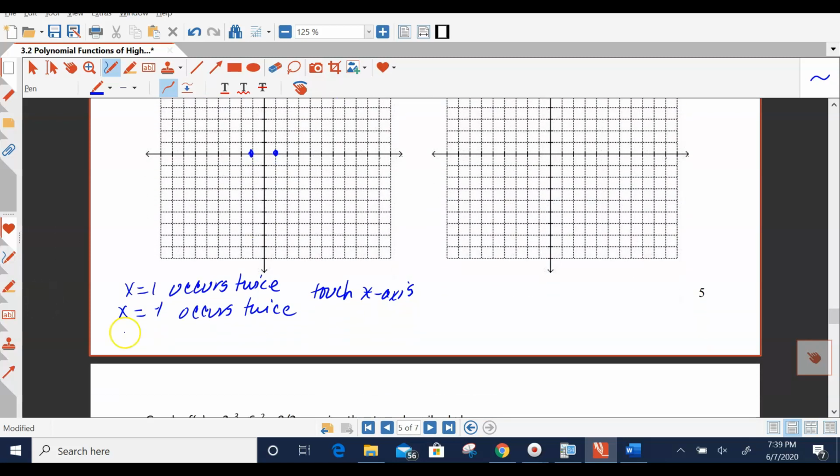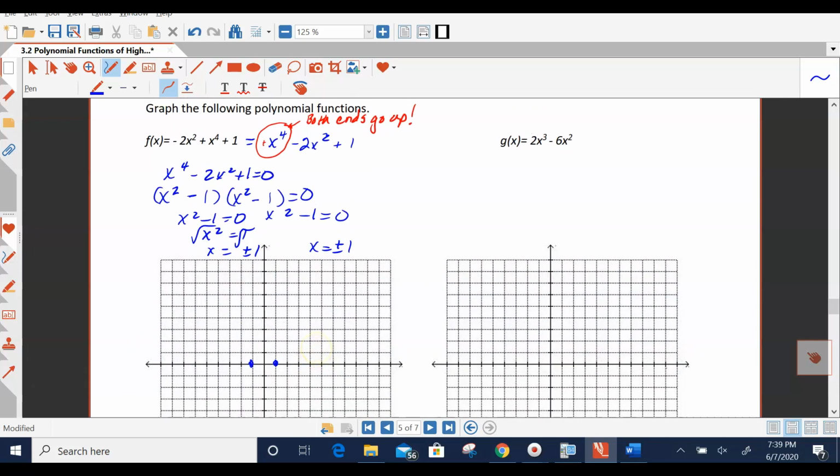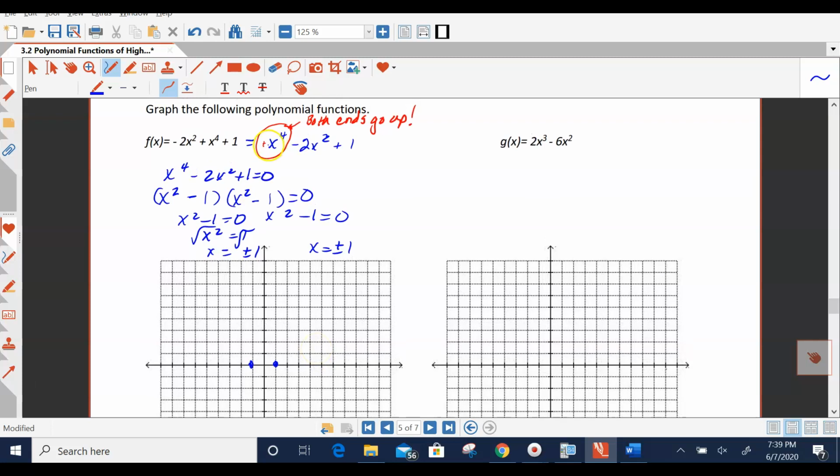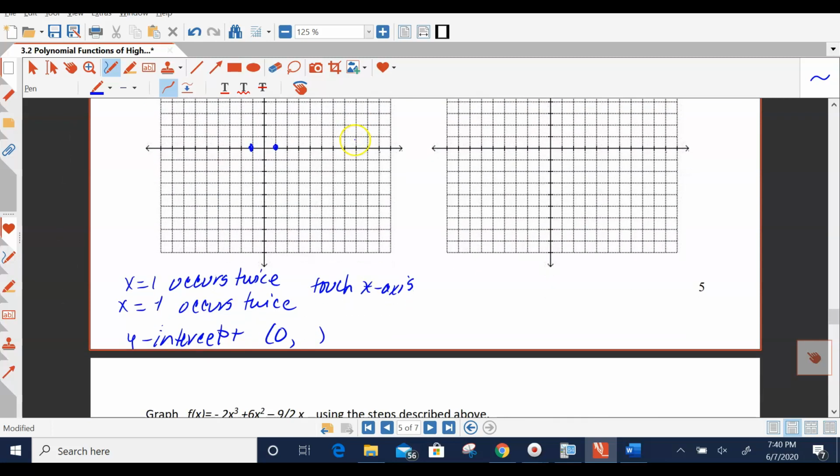I've got a little room here, I'll just write it. The y-intercept is found, remember, by letting x equal 0. So if I let x be equal to 0 in this problem, I'd have 0 minus 2 times 0 plus 1. So it'd be 0 minus 0 plus 1, which would be 1.